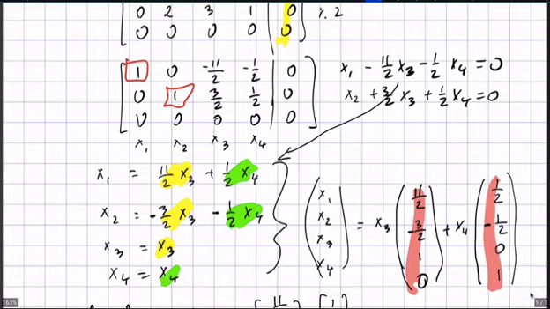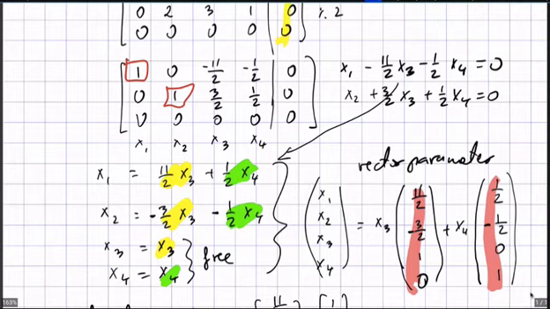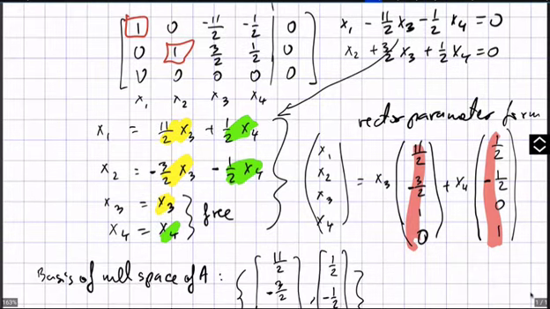Notice that x3 and x4 are free variables, so we write x3 equals x3 and x4 equals x4. Then we write this in vector parameter form, which means we collect together the x1, x2, x3, x4 components into a column vector. From x3, we have 11/2 in the first component, minus 3/2 in the second component, 1 x3 in the third component, and 0 x3 in the fourth.